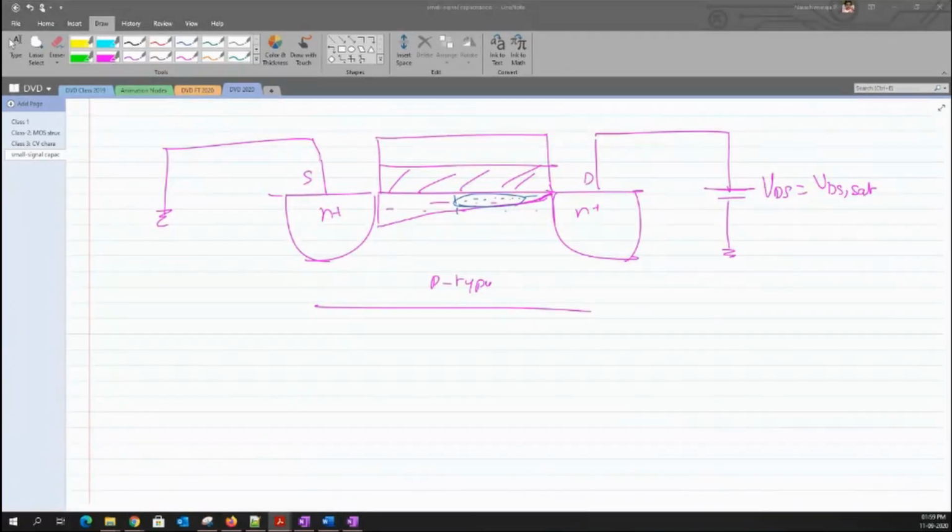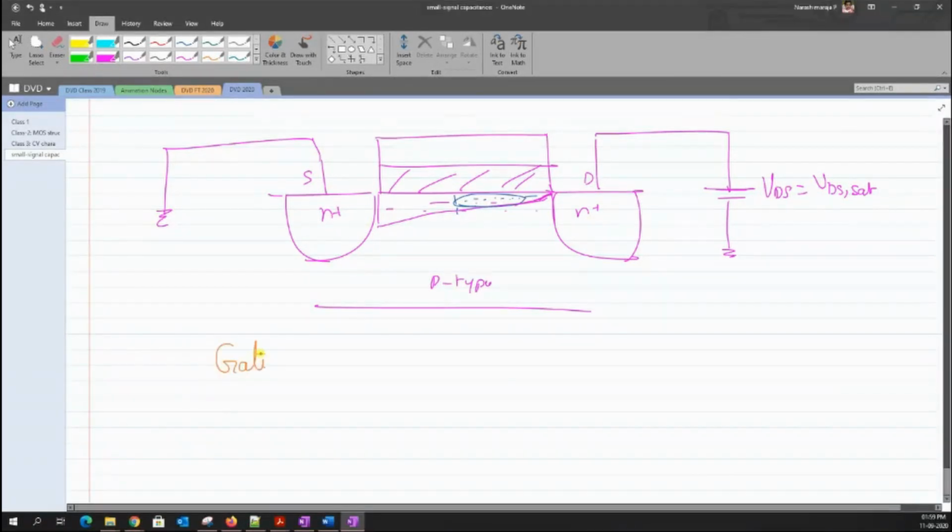Okay, so this is one type of capacitance that we have discussed, and we call this an intrinsic capacitance. When I look at the gate capacitance, it has two components. One we call the intrinsic capacitance, which is nothing but CG, CGB, CGS, CGD.